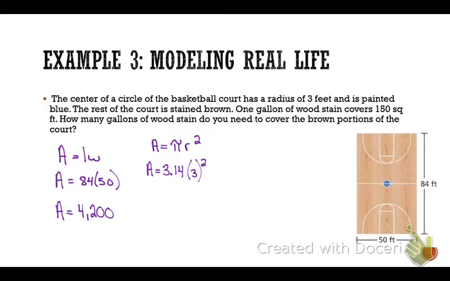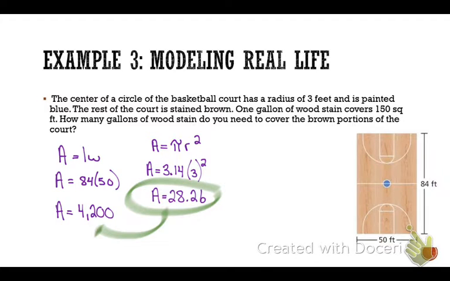Okay. I got 28.26. So what's happening? This is the amount of space that I don't have to stain, so what am I going to do to the 4,200? Subtract it out, because I don't have to stain it. Okay?